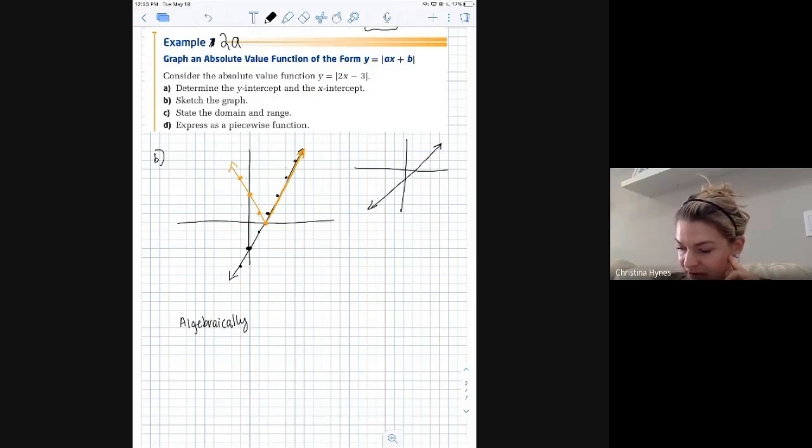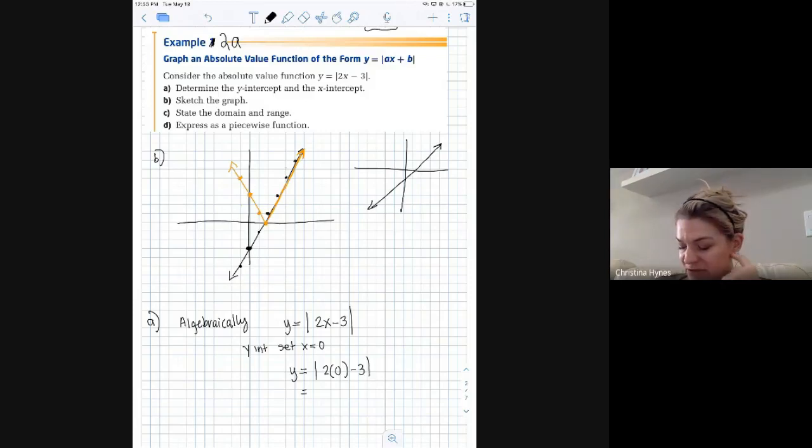So algebraically, we have y equals the absolute of 2x minus 3. So this is question A. If you want to find the y-intercept, set x equal to 0. So y equals the absolute of 2 multiplied by 0 minus 3.